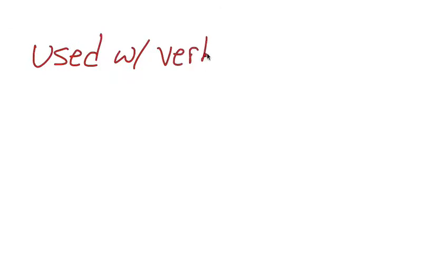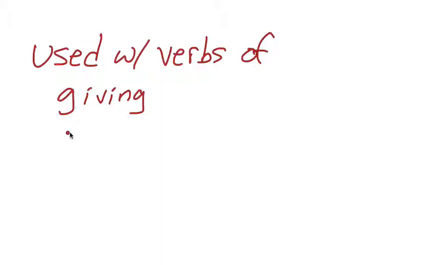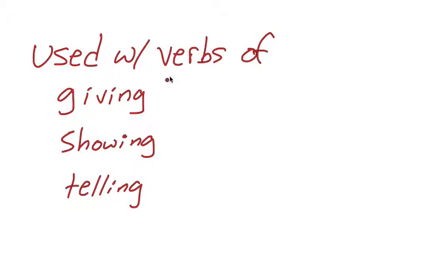Okay, let's do another example. First of all, before we do another example, I should say that the indirect object is used with verbs of giving, showing, and telling. So give, show, and tell. And we've actually learned all of these verbs.